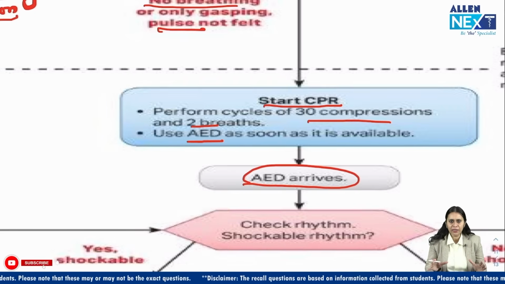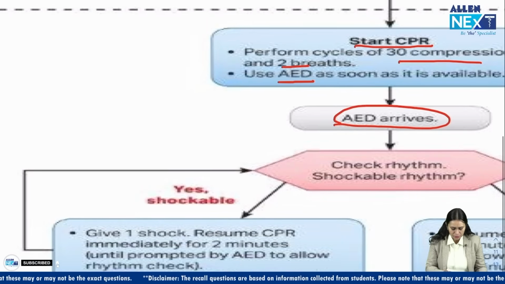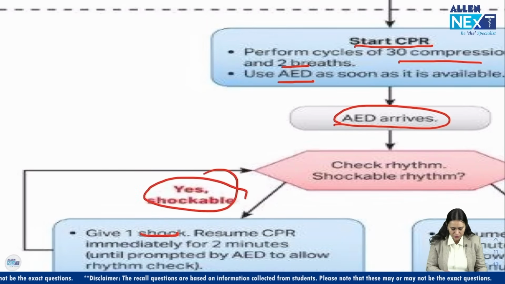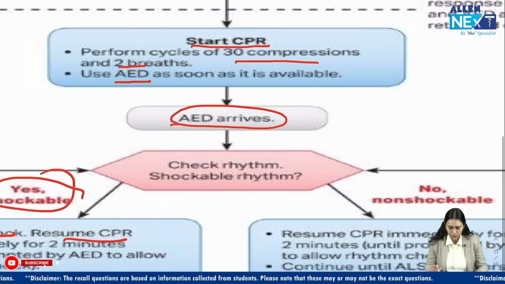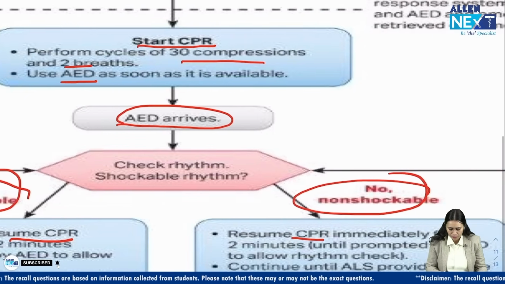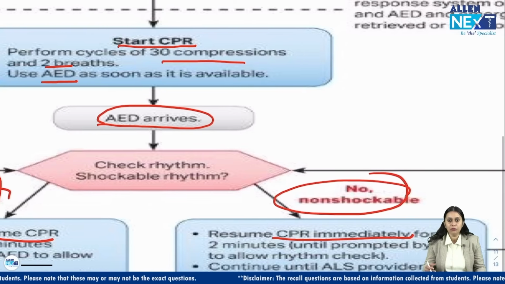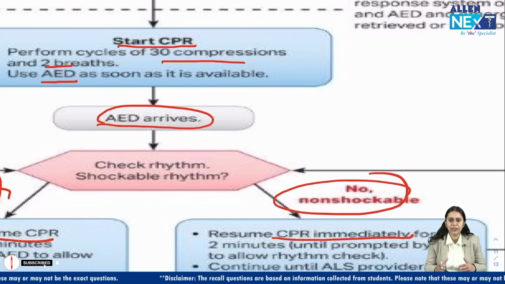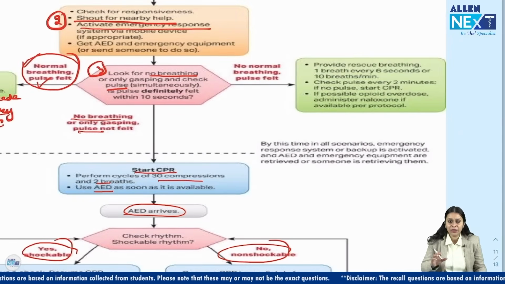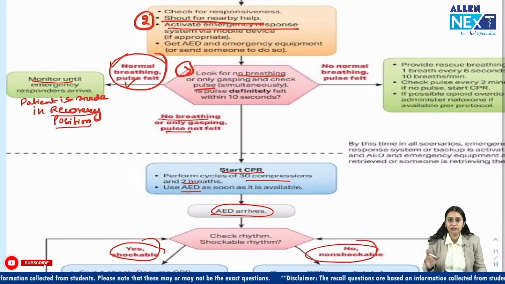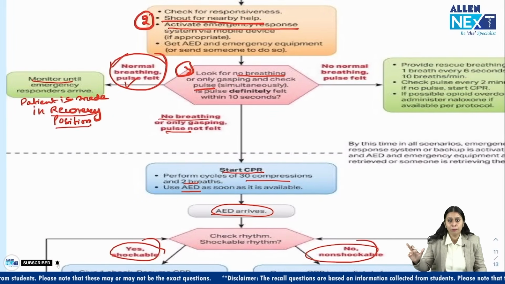When we attach the AED, it checks the rhythm. If shockable, we give a shock and resume compression and ventilation. If non-shockable, we resume compression and ventilation, and after 2 minutes the AED again stops us to analyze the rhythm. Once you have attached the AED, it does its job, and we just follow its prompts. This is done when there is no pulse and no breathing.